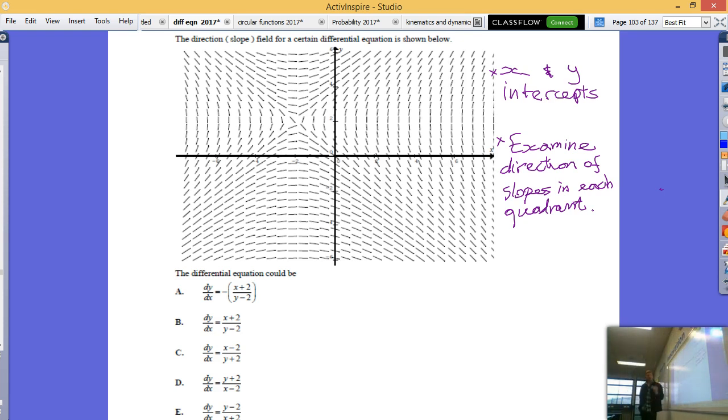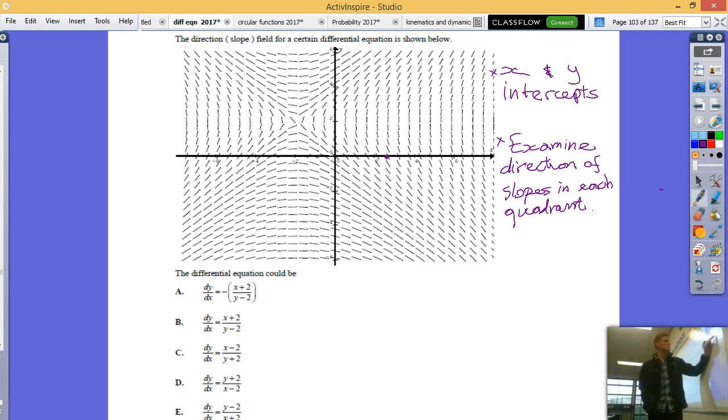So, let's think about, first off, let's look at some x-axis intercepts. Okay, so over here, when x is positive, let's note down a property.